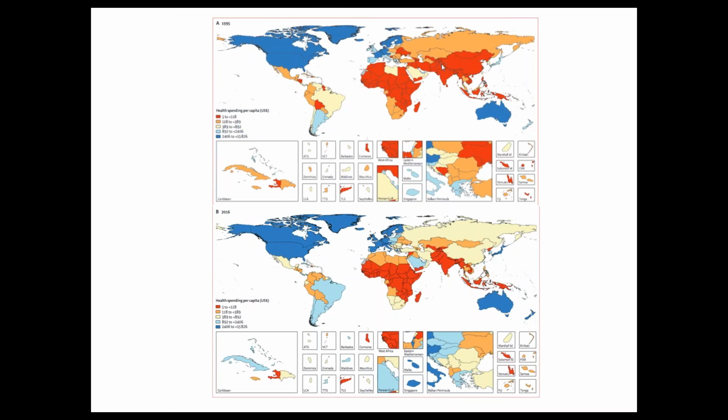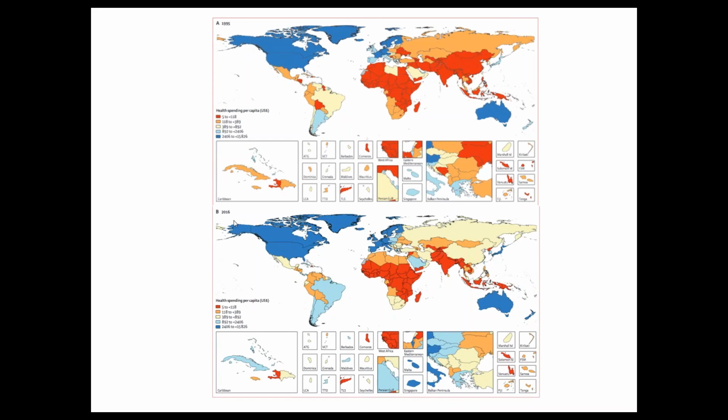And what we can see here is in 1995, sub-equatorial Africa and large portions of the Middle East and India and China were too poor to put much resources into healthcare. And other segments of the world had similar problems.